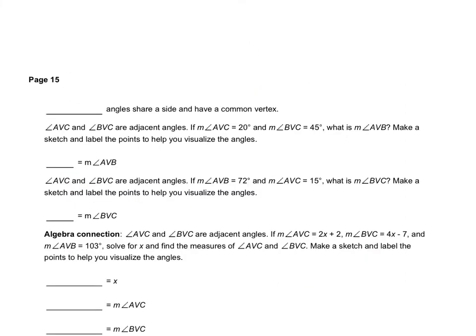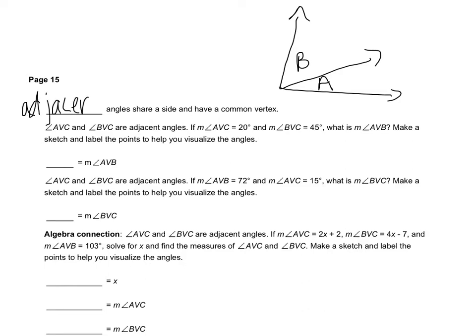If I were to have 2 angles that were next to each other and shared a vertex, for example, like this, we'll call this angle A and this angle B, those would be considered adjacent angles.